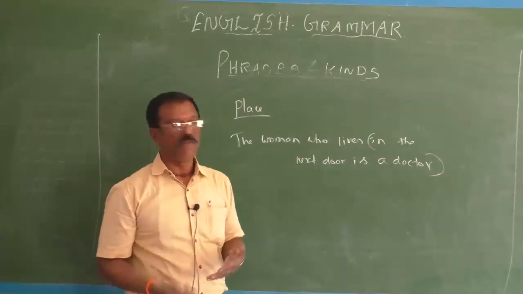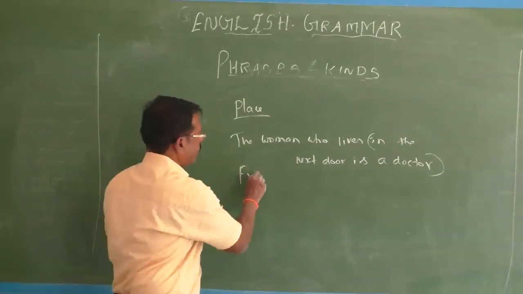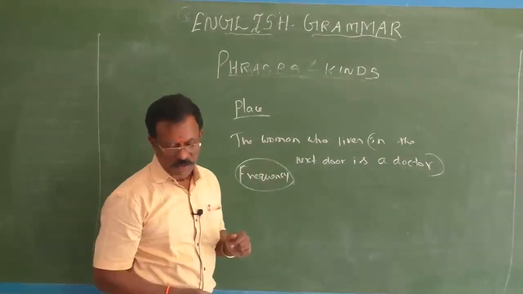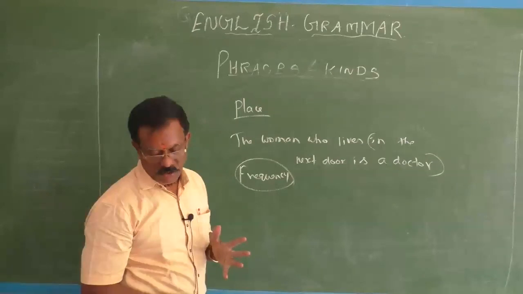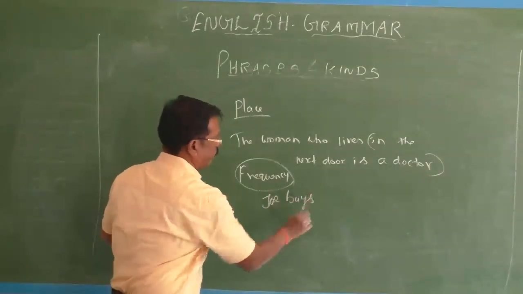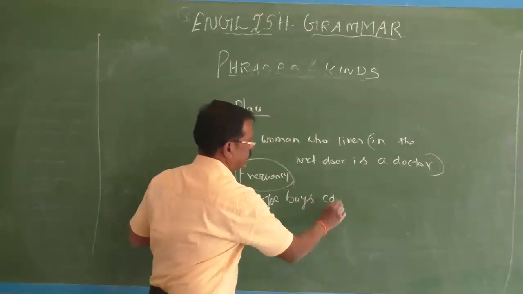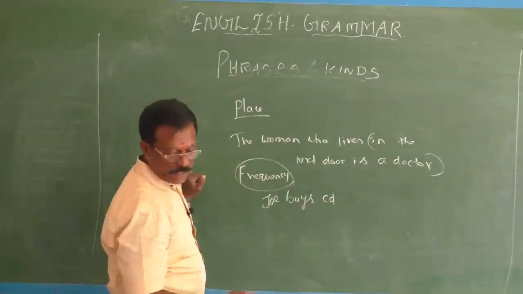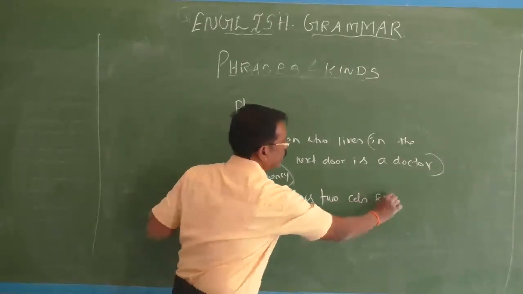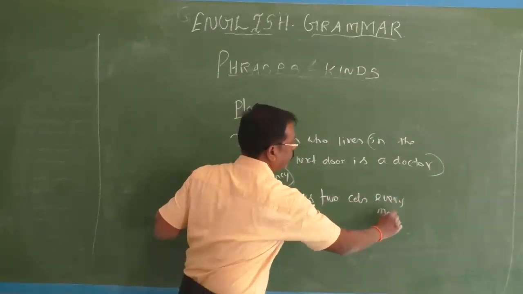And you may have adverb phrases of frequency. How? Joe buys 2 CDs every month.